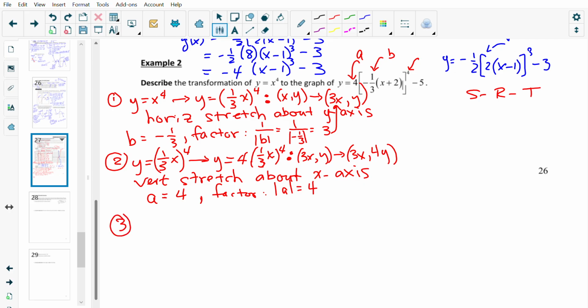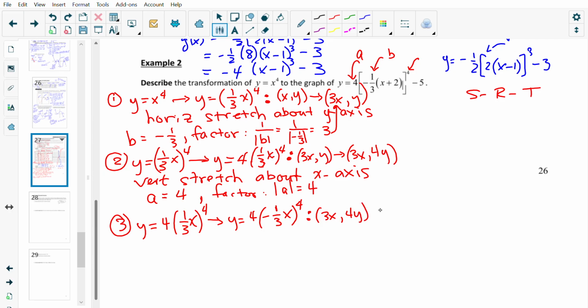Part 3. Okay, we did the two stretches, horizontal stretch and vertical stretch. Now we're going to do the reflection. So we have the previous y equals 4 times 1/3 x to the fourth. We're going to transform that into y equals, the only thing we're changing, the only reflection we see, is a horizontal reflection. So that b value is now turning negative. What does that look like for our mapping notation?